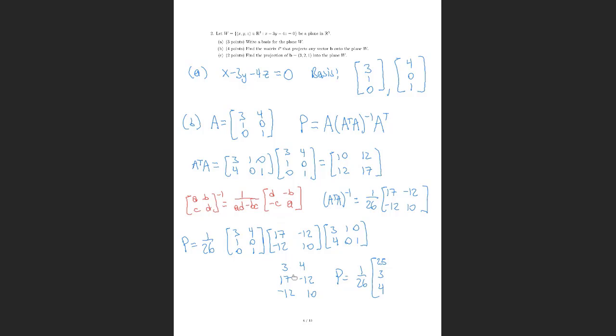And then when I multiply with the remaining two columns here, this is just an identity matrix. So multiplying this with that should just give me this matrix again. So I'll just copy it down for the remaining two. Okay. So then, yeah, this should be the projection matrix that will project onto the plane.